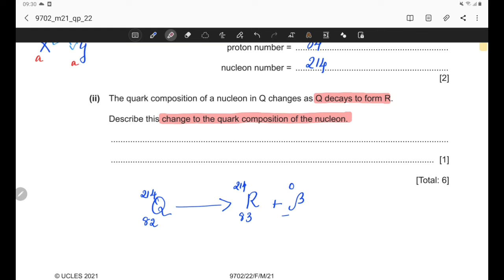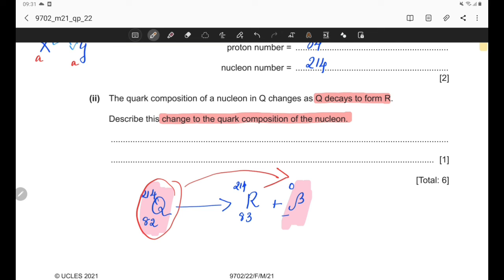Now we need to think about how a positively charged nucleus is producing a negatively charged beta particle, because we know that there are no negatively charged particles inside a nucleus. Then how is it producing a beta negative particle, a particle with negative charge? So here we need to understand the process.